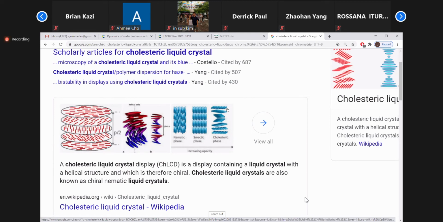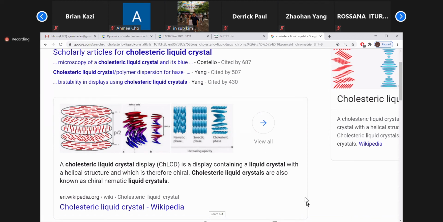The first layer has this direction, then the second layer twists a little bit, and the next layer twists again. This very unique helical structure gives the cholesteric liquid crystal some very interesting optical properties. It's all because of the molecular structure on the micro scale.